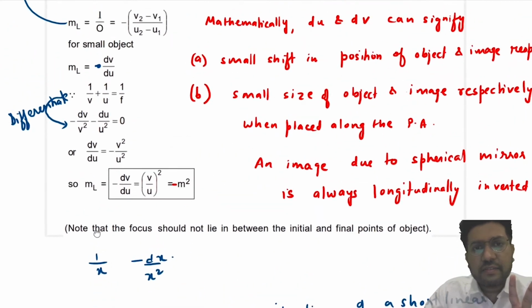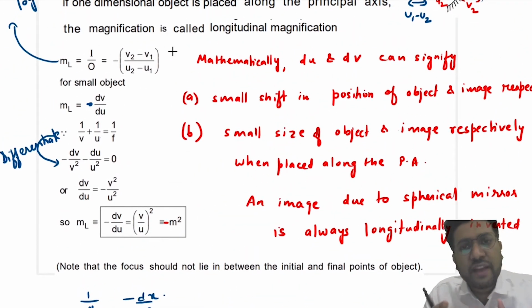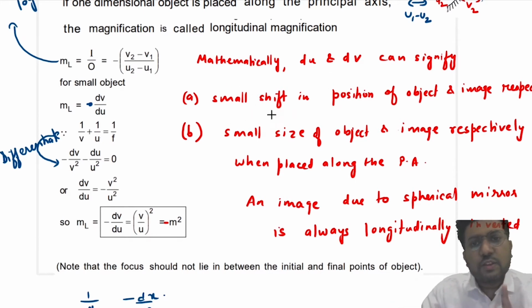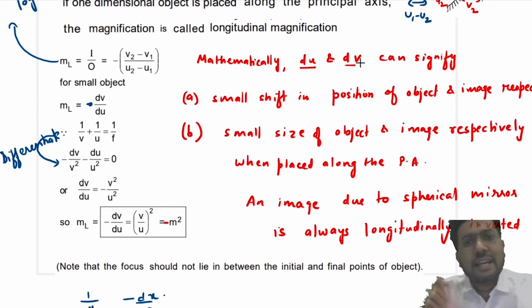Mathematically du and dv can represent, first, a small shift in the position of object and position of image respectively. So du can be represented as a small shift in the position of object and dv as a small change in the position of image.